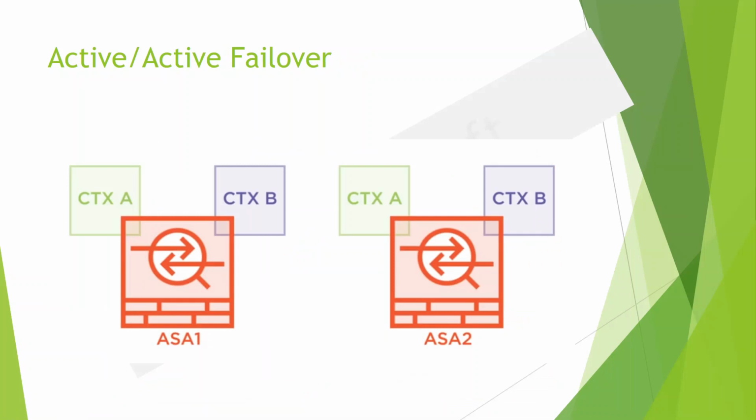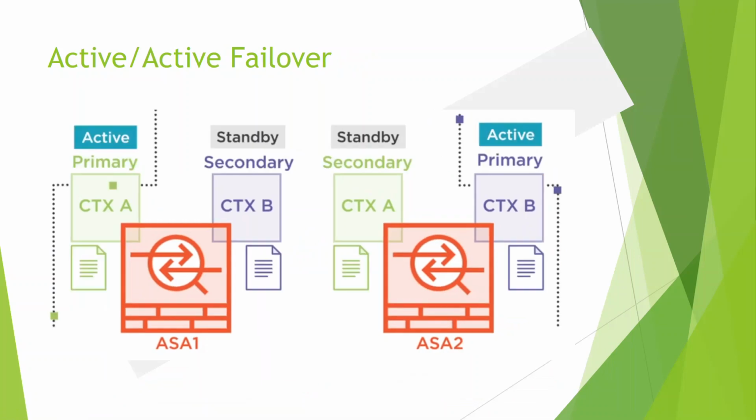So we have traffic flow for CTX-A, and because we are configured for failover, we have failover replication happening. The CTX-A on ASA1 is acting as the primary, and it copies its configuration to ASA2, which is acting in this case as the secondary device in standby mode. At the same time we have CTX-B on ASA2 that has a traffic flow through it.